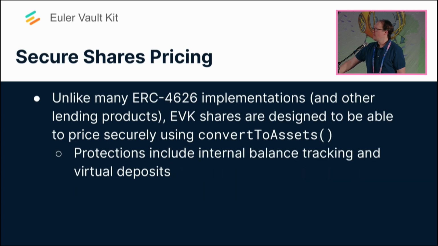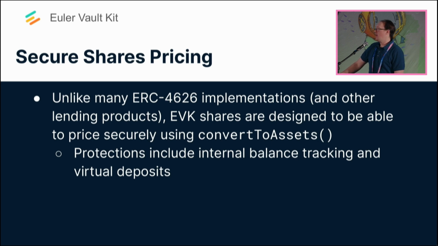One of the things that we've spent quite a bit of time on with the Vault Kit implementation is being able to price the shares of the vault securely. Okay, and that's really just as we were talking about the exchange rate, right? Reading the exchange rate of a pool, right? Not quite as easy as it sounds, because there's a lot of different attack vectors like donations to the pool and so forth. But we've designed it so that EVK vault shares can be securely priced by Oracle systems.